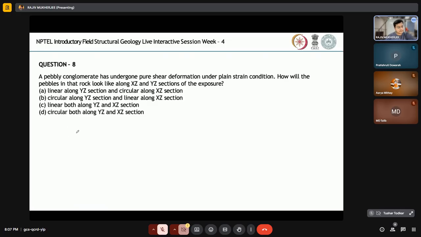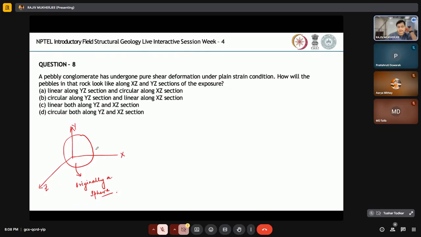Okay, so imagine this is the XYZ coordinate. Now we are assuming that the pebble was originally a sphere, right?